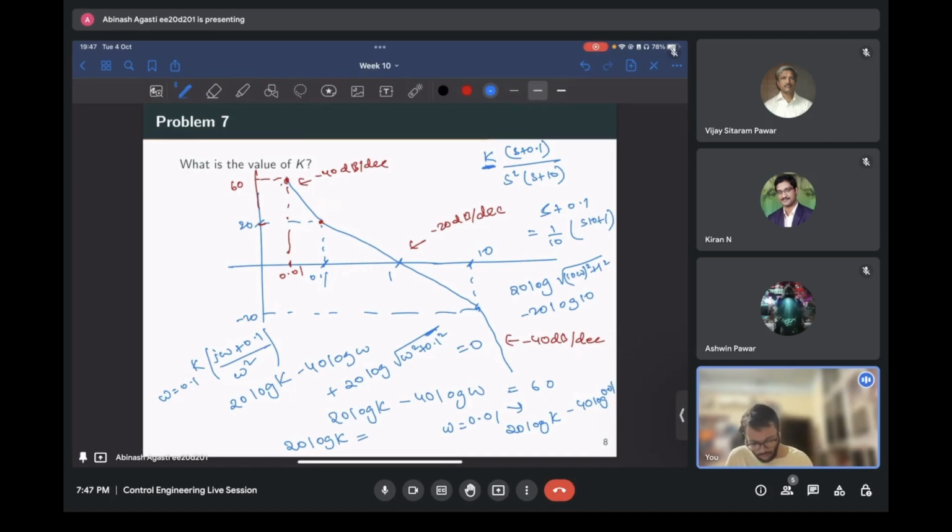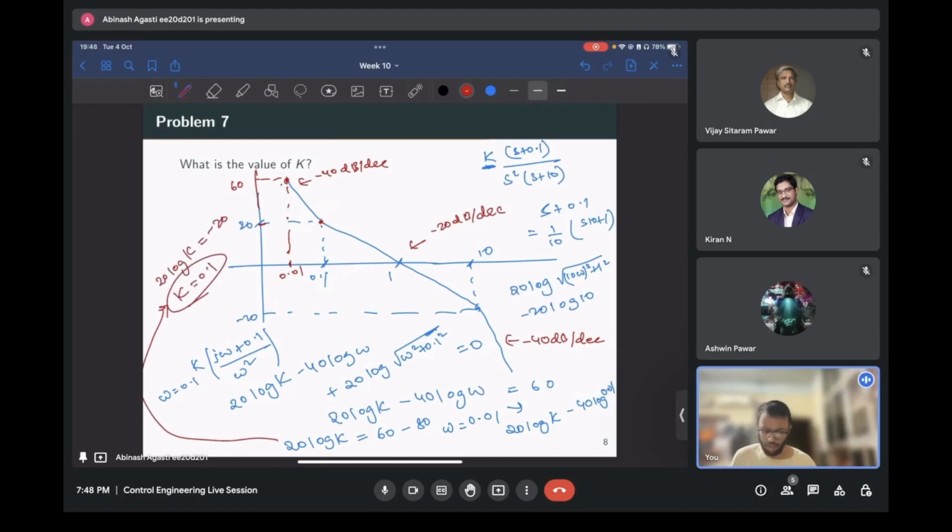Okay, 20 log K is just 60 plus, oh, sorry, minus 80. Yeah, okay, this is correct. Then this gives me 20 log K is minus 20, and that is K is 0.1.